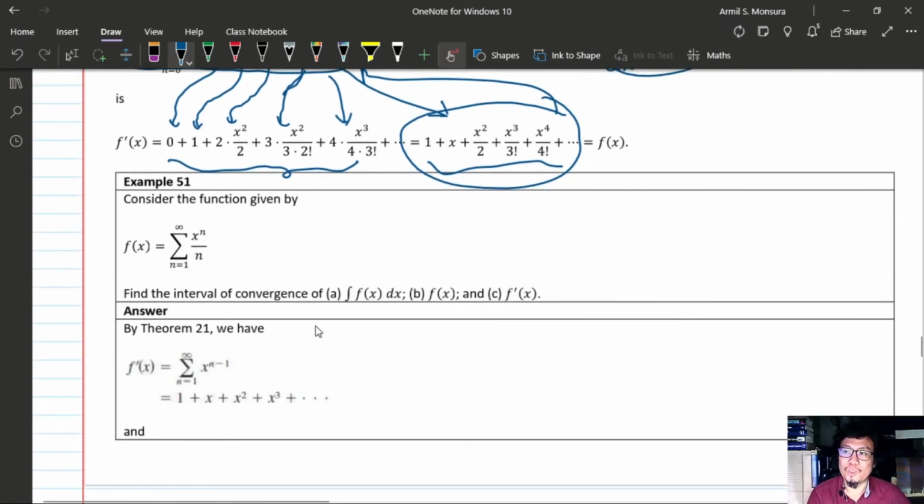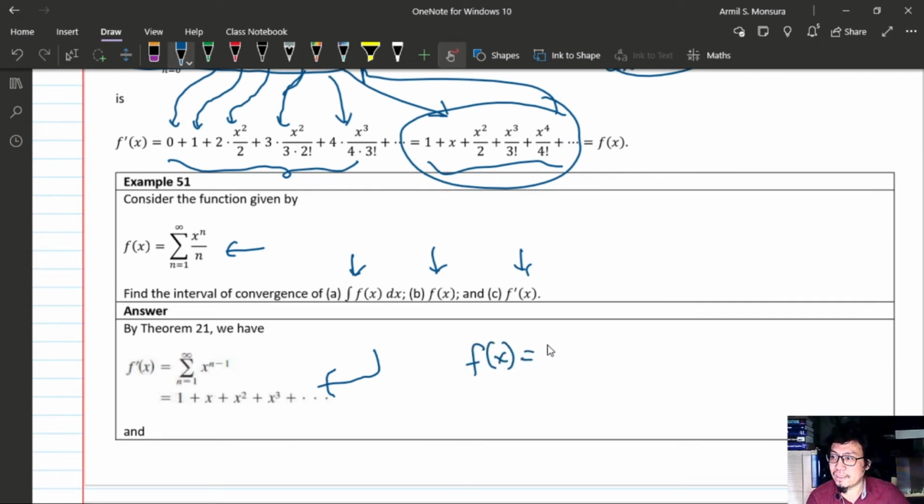Let's consider this function, given by this one, and let us try to find the interval of convergence for the original function, its derivative, and its integral. Remember that we have to take the derivative.